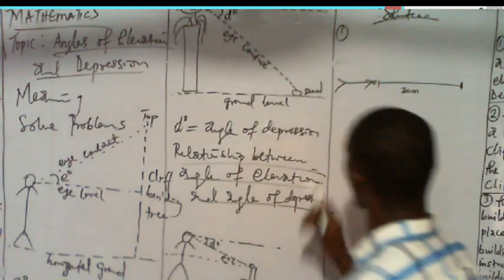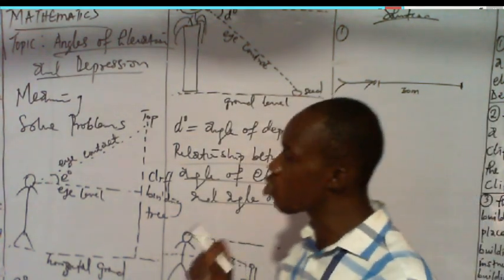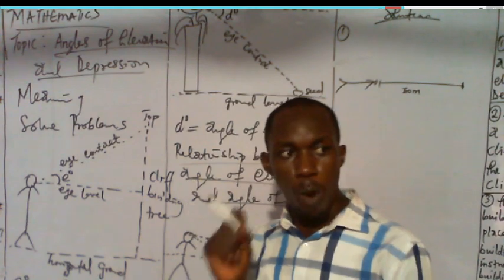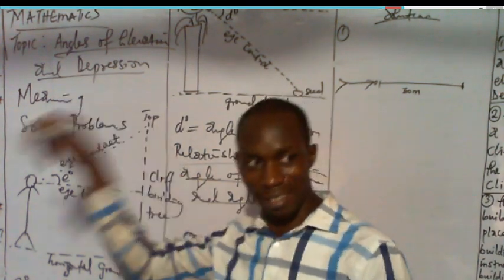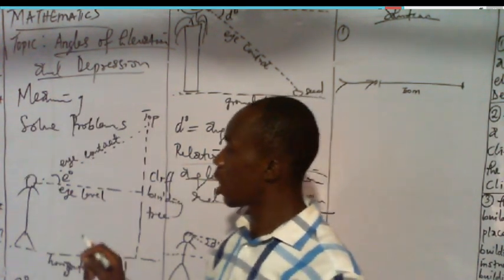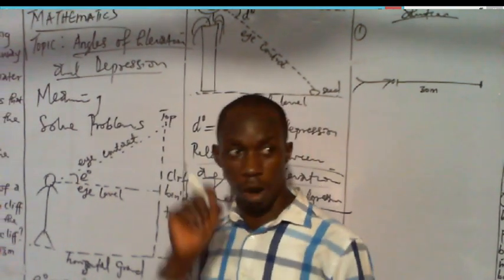So where the angle is formed, we use words like "from"; where the sight is taken, we use the word "of". So "of the tank" means the sight is on the tank.